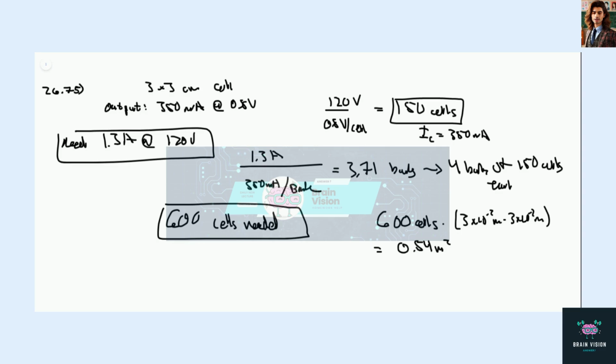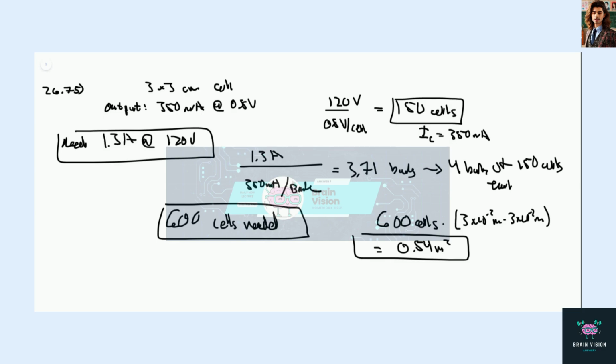So we need 600 cells. We need it to be an area of 0.54 square meters. And the next question is, how should you connect these cells?